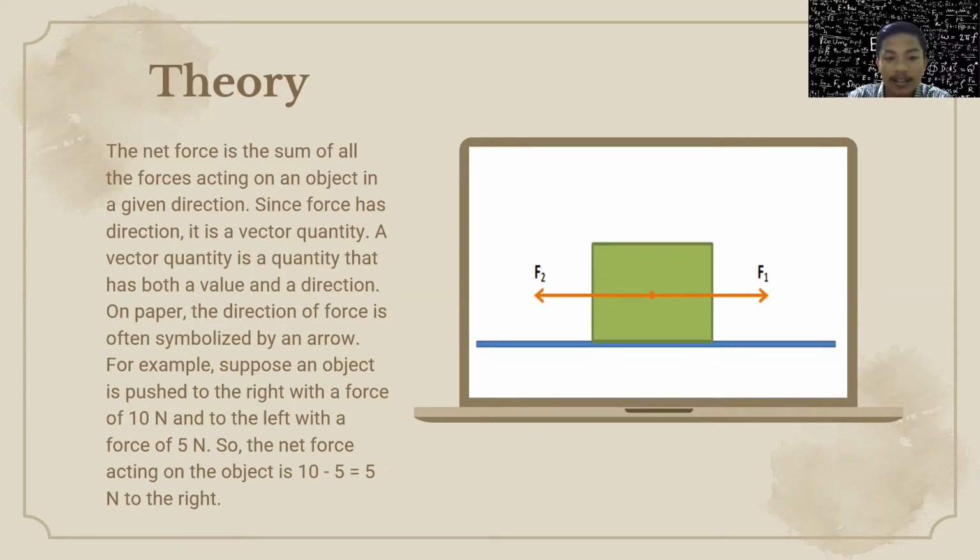For example, suppose an object is pushed to the right with a force of 10 Newton and to the left with a force of 5 Newton. So the net force acting on the object is 10 minus 5 equals 5 Newton to the right.